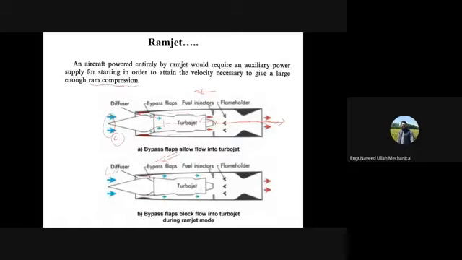For that reason this is actually a starter, a booster. ठीक है, उसके बाद इसका काम खत्म हो जाता है. बात समझ आ गई आपको. तो इसलिए जो ये बताता है कि it is auxiliary power. ये ऑक्सिलरी पावर के तौर पे यूज होता है. This turbojet is auxiliary. तो ये जस्ट इसको स्टार्ट करता है, फिर जब ये रेम एयर कंप्रेशन स्टार्ट हो जाता है तो ये खुद ब खुद टर्न ऑफ हो जाता है.